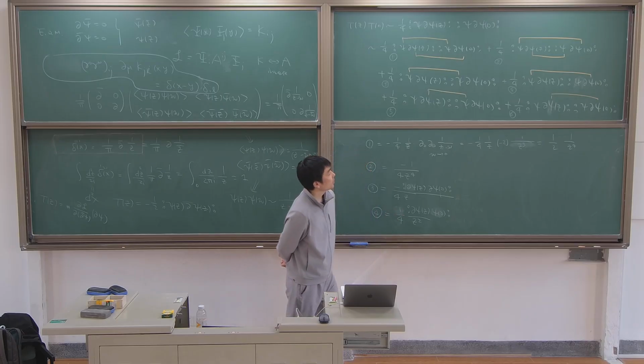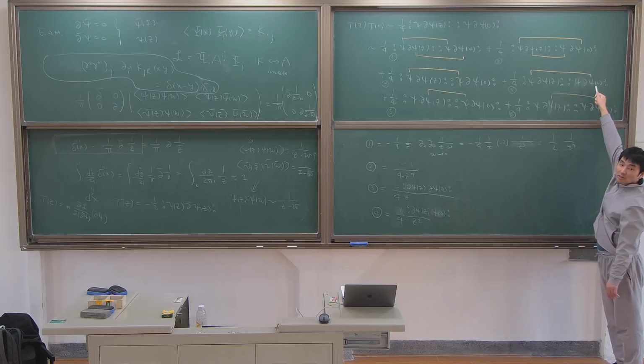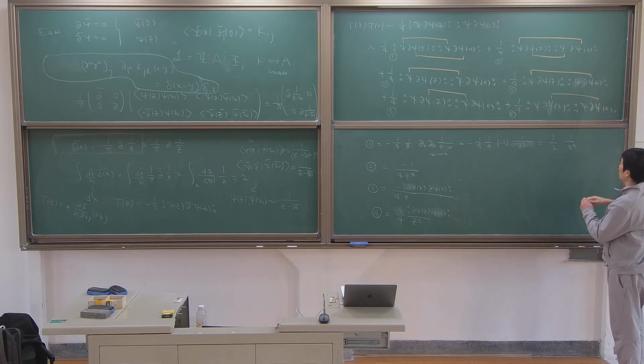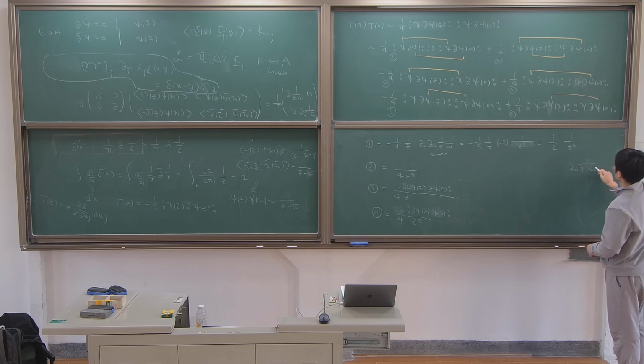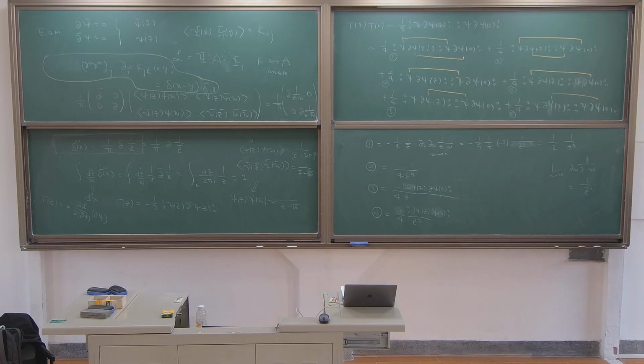Because here the derivative acts on 0. So you have to do z minus w, okay? And take w goes to 0. So this means that it's still z squared. Okay, 1 over z squared. Fine. So this is number 4.